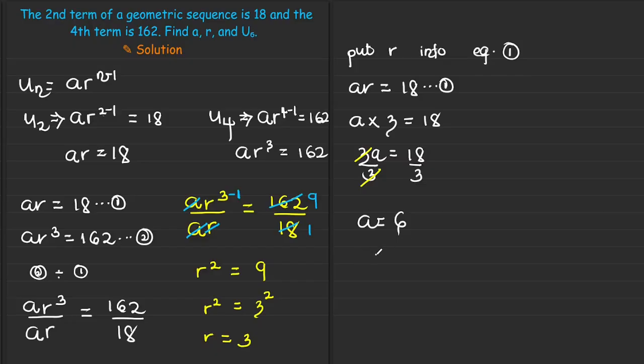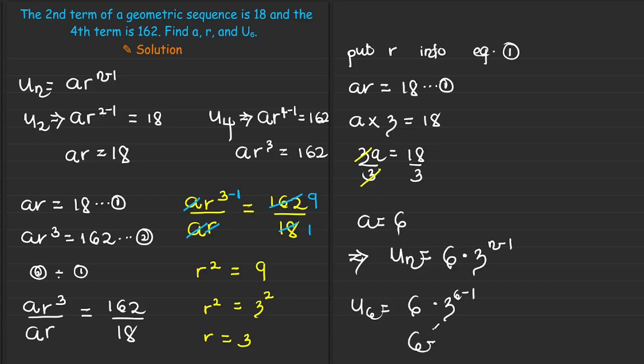But first of all, we need the general formula. So this simply implies that Un is equal to A, which is 6, times our R, which we got to be 3, to the power n minus 1. Hence, if we want our sixth term, which is U6, where n is equal to 6, we have 6, which is our A, times 3 to the power 6 minus 1.